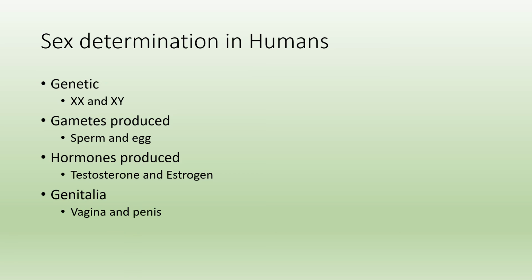This does not happen in humans because the testes that produce the sperm and the ovaries that produce the egg develop from the same starting structure early in embryonic development. So you've got one clump of tissue that's going to become a gonad. And it's either going to be a testis or an ovary.